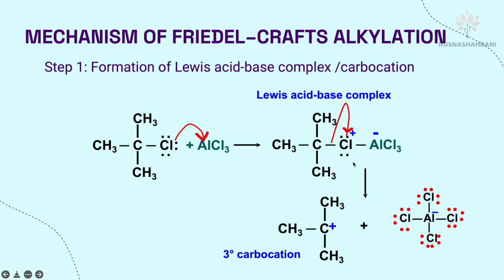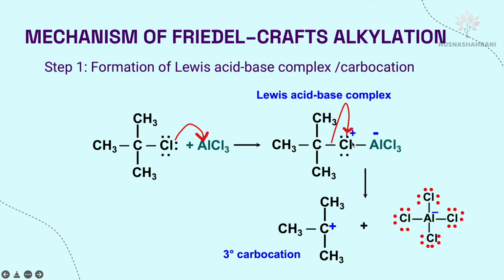After this complex is formed, the C-Cl bond, between the alkyl group and the halogen, 2 electrons from this bond will be transferred to the Cl, because Cl is now positively charged, as it lost 2 electrons to form a bond with the Al. So Cl is positively charged, Al is negatively charged.